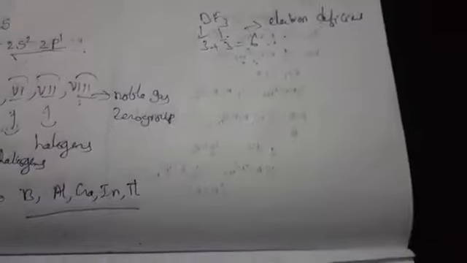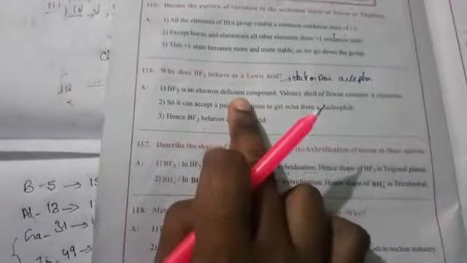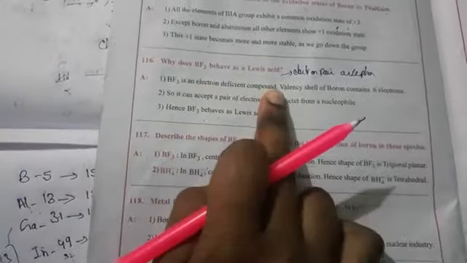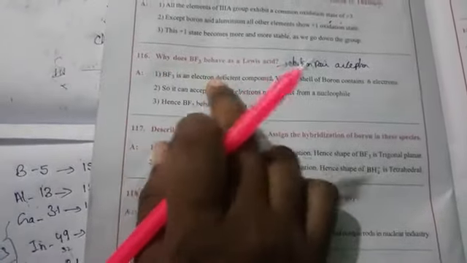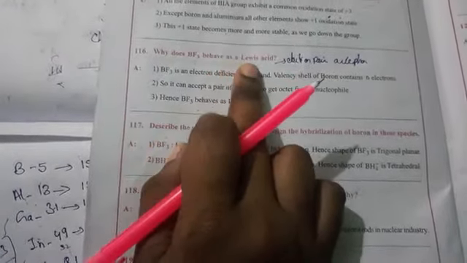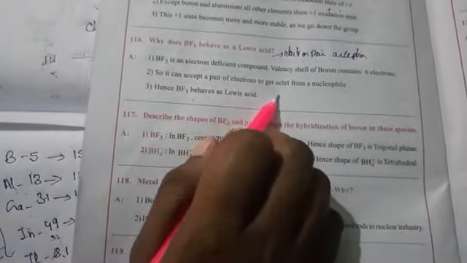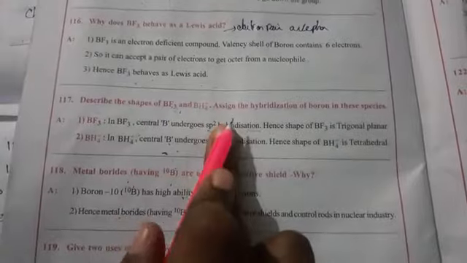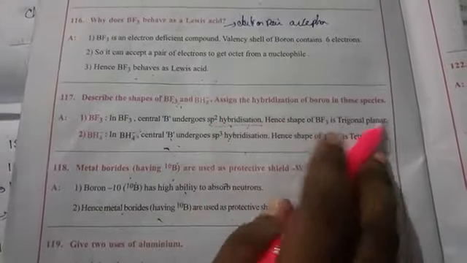That's why BF3 acts as a Lewis acid. Next one: describe the shapes of BF3 and BH4-, and assign the hybridization of boron in these species.